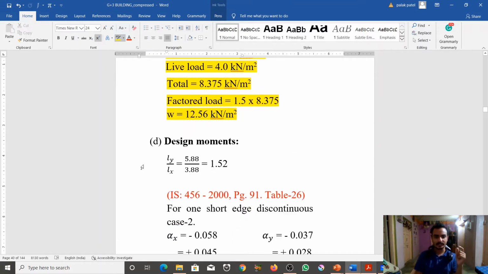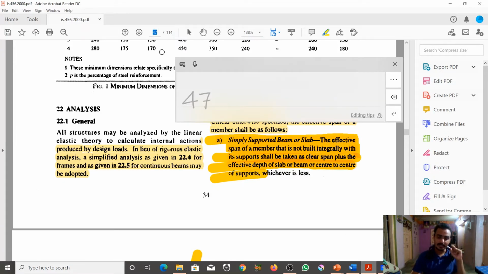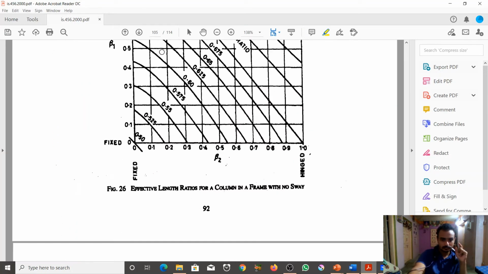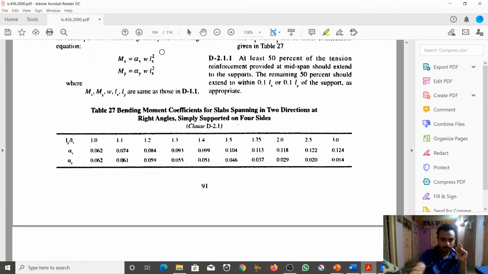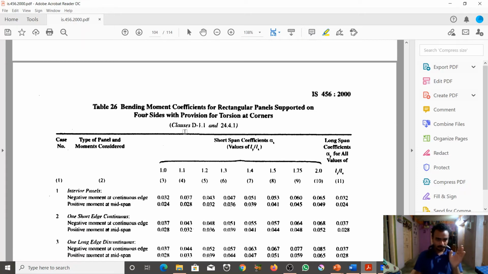Now we have to find the design moment. To find the moment, we follow IS 456 page number 91, table 26: bending moment coefficients for a rectangular panel supported on four sides with provision for torsion at corners.